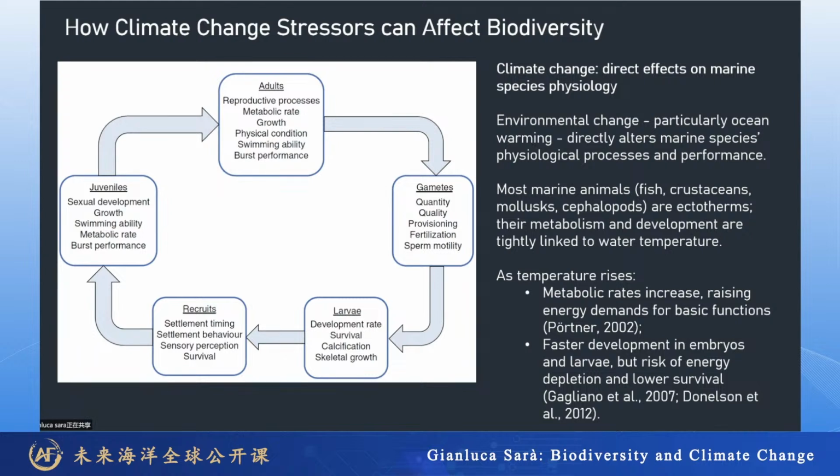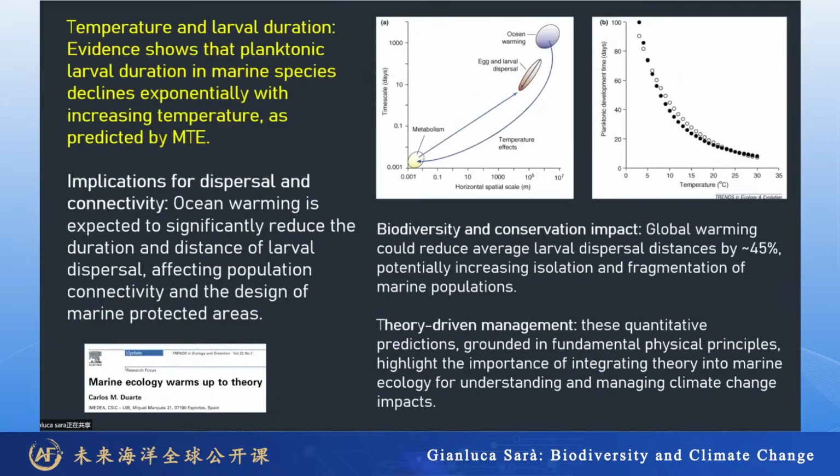And then we have an effect on size, a consequent effect on reproductive production, and we have a direct effect on survival rate. These three performance traits are usually affected. And by cascade, we have different effects from a biological point of view and different effects from an ecological point of view, but we will see it later.